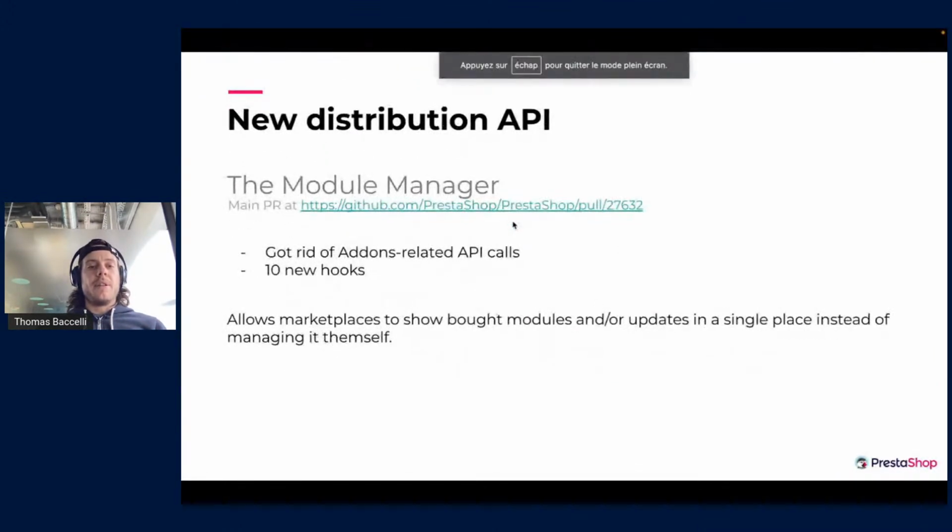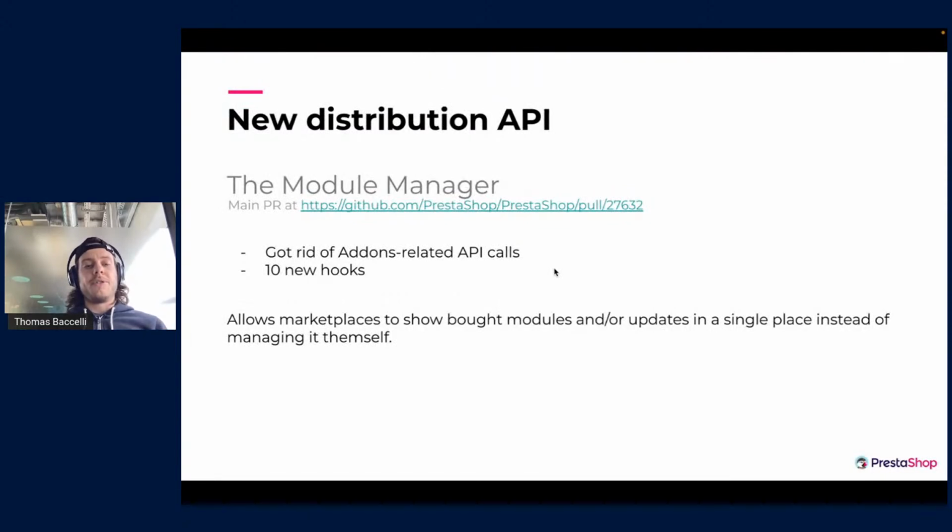Now comes the new module manager. The main goal of this module manager is to get rid of the add-ons related API calls, as I told you before, and it adds 10 new hooks that modules can use to interact with this module manager. The goal of that is to allow marketplaces to show already bought modules or upgrades that are available in a single place instead of managing it themselves.